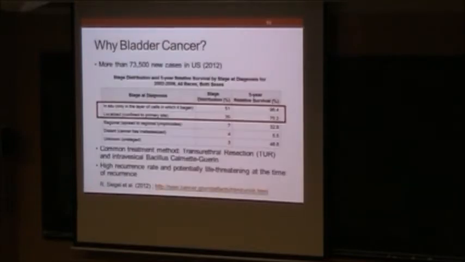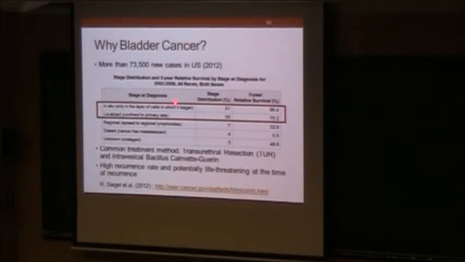And so one of the questions you probably have is why bladder cancer? And I had that question too, like having bladder cancer in your title slide is not too exciting. But these are some of the reasons. More than 37,500 new cases were diagnosed in the US in 2012.